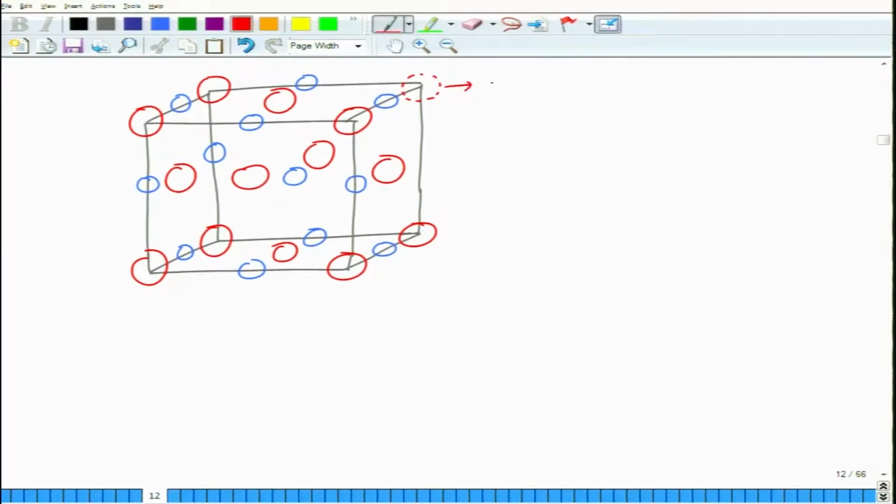So, this is VCl, and what you will have here is VNa, and these are charged. V chlorine is charged oppositely to the chlorine ion. So, this will be positively charged, this will be negatively charged, and the pair of these is called Schottky defects.